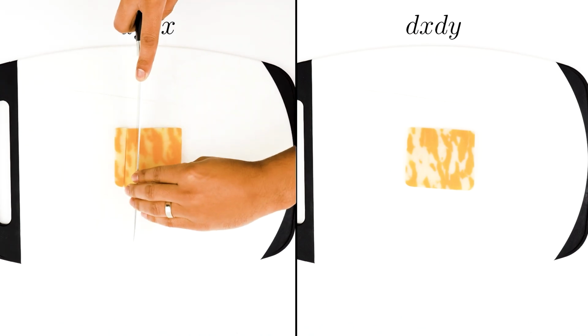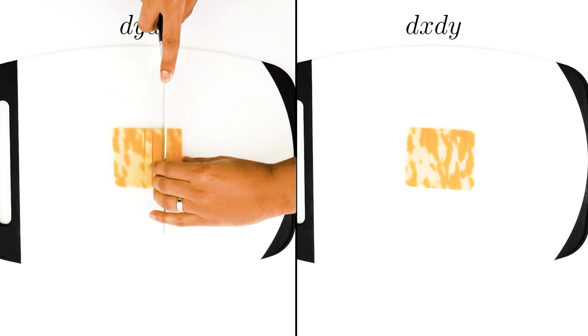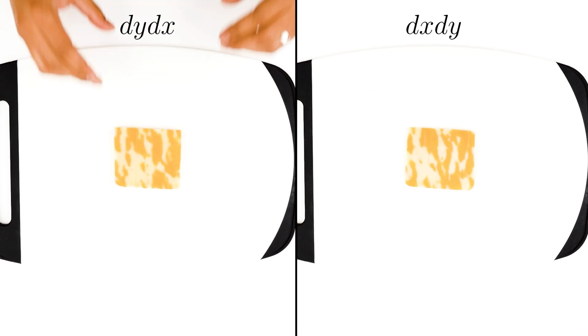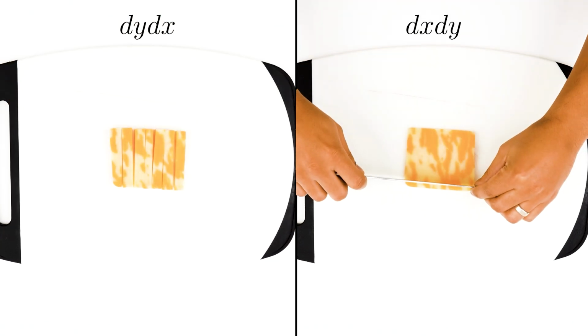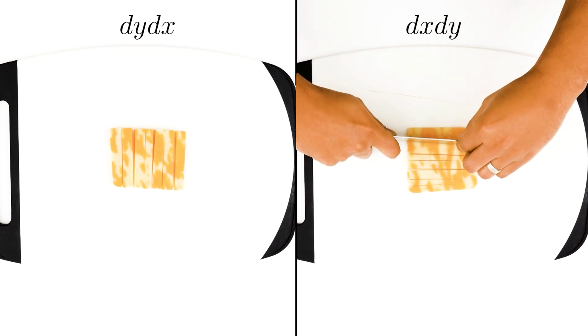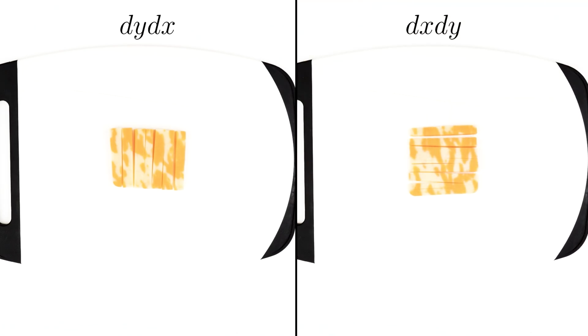One is first vertical, and the other is first horizontal. The dy dx version first uses x slices, so it is chopped dx, which means vertically. The dx dy version first uses y slices, so it is chopped dy, which means horizontally.